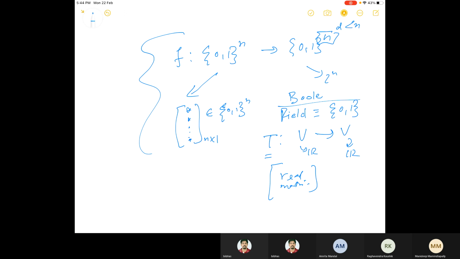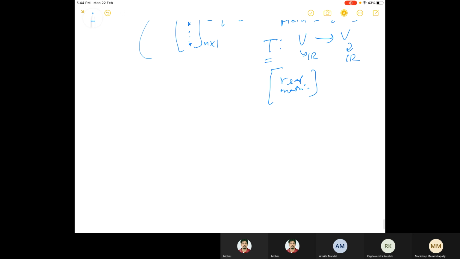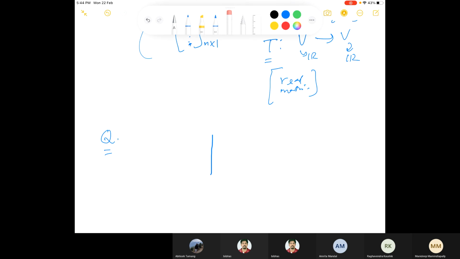And the question is, which I'll not discuss, maybe I'll give it as homework: can I realize all these reversible gates using permutation matrices? And the answer is yes.